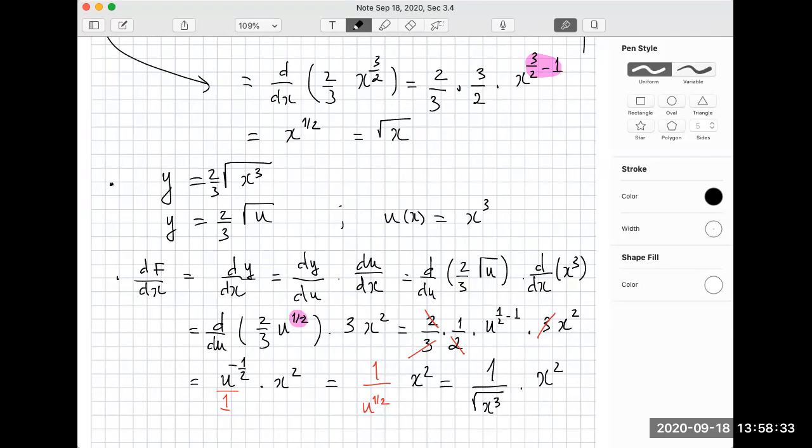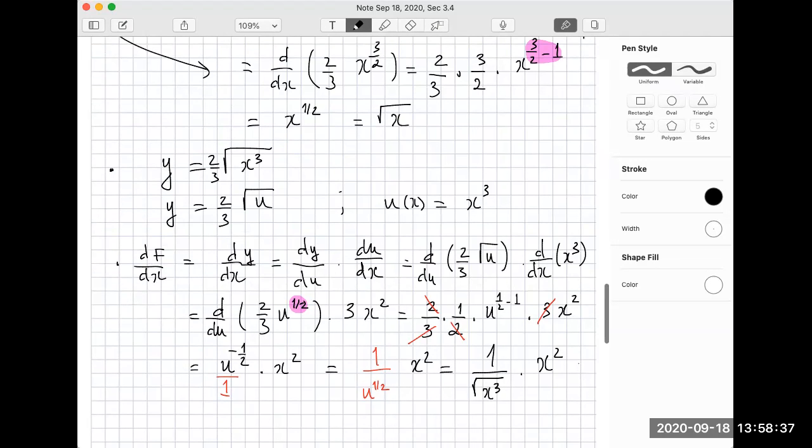Interesting. Now, we need to simplify it, right? Because this is the same formula. And previously we found that the derivative of this finally would be square root of x, right? And now applying the chain rule, we will end up with this.